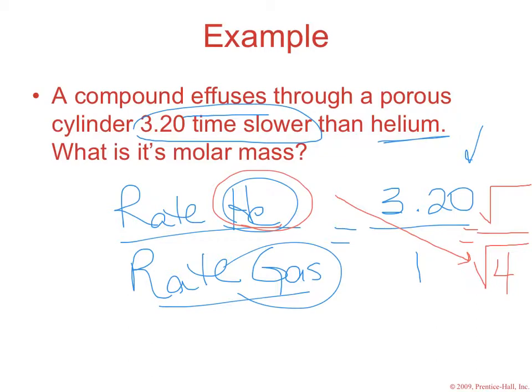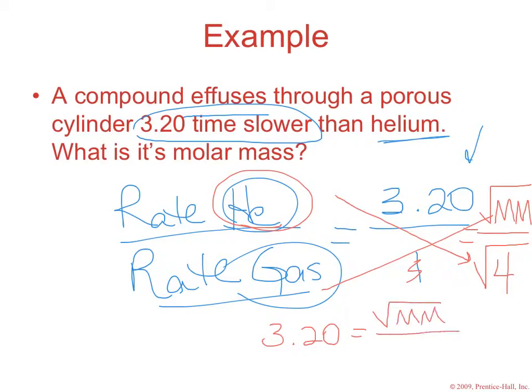I don't know the molar mass of the unknown gas. That is what I'm solving for. I'm going to put that there. So if I were to rewrite what I know so far, it would be 3.2, I'm going to just leave off this 1, equals square root of the molar mass of the unknown gas over the square root of 4, which is simply 2.